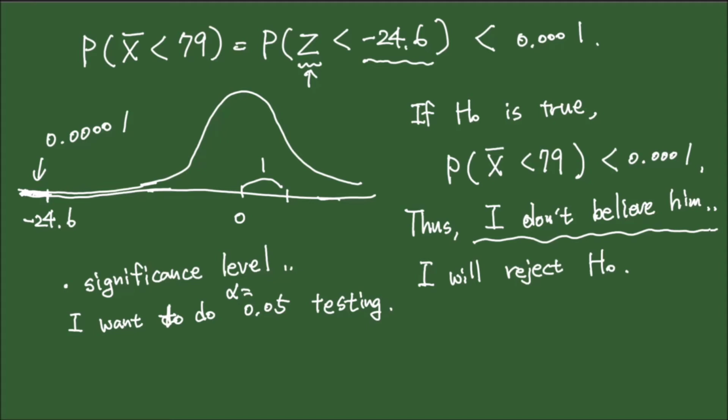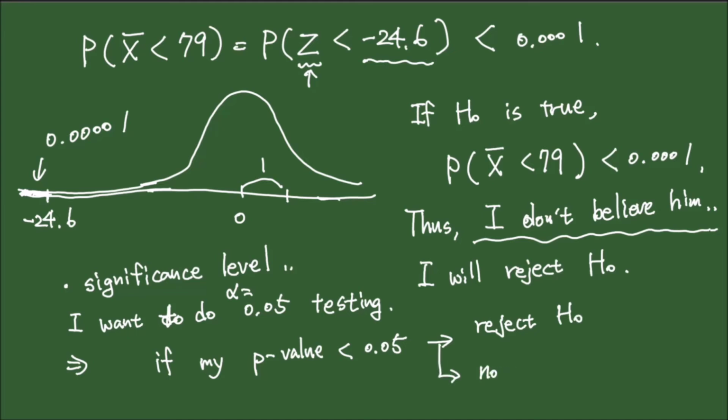That means if my p-value is less than 0.05, I reject H null, otherwise I cannot reject. If my p-value is larger than 0.05, we cannot reject.